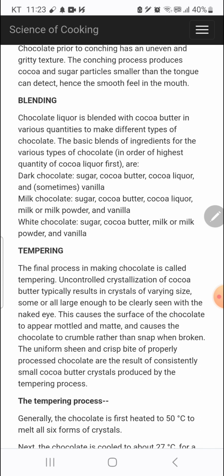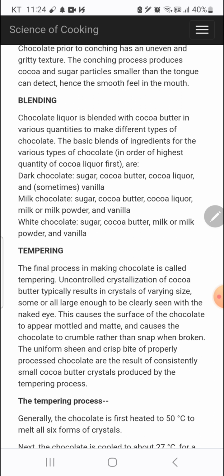Tempering. The final process in making chocolate is called tempering. Uncontrolled crystallization of cocoa butter typically results in crystals of varying size, some or all large enough to be clearly seen with the naked eye.